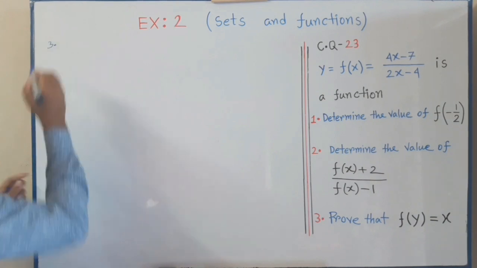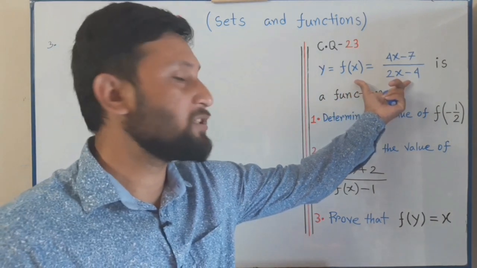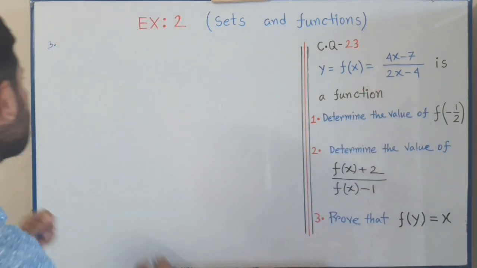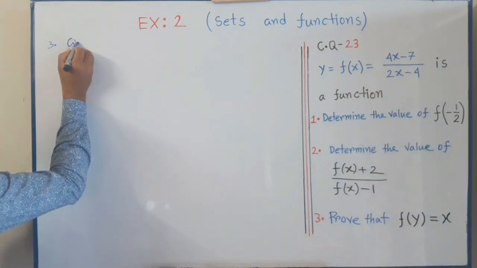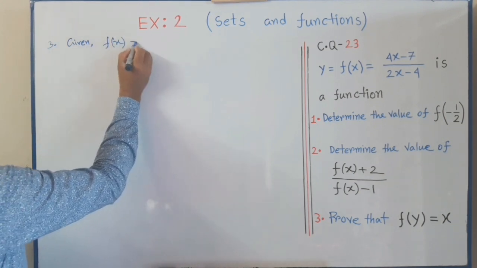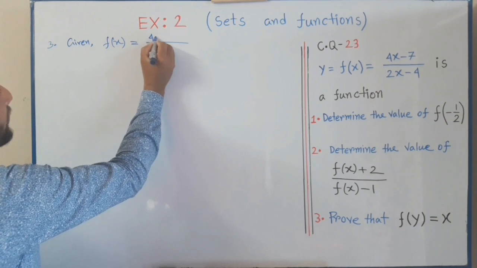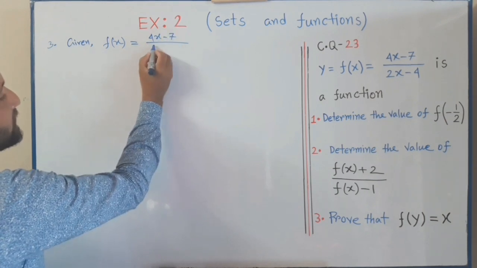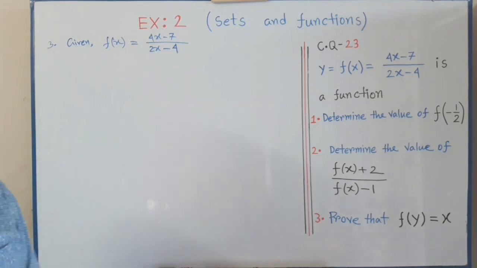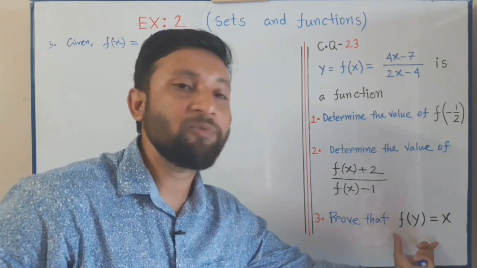For the third we can write f of x equal to this function 4x minus 7 divided by 2x minus 4, but we have to prove f of y equal to x.